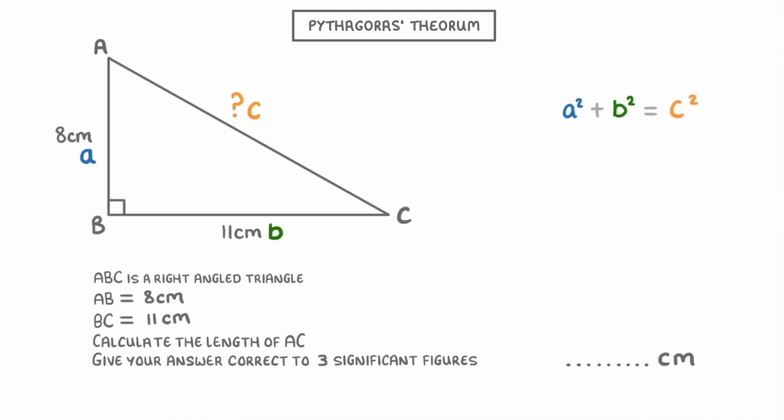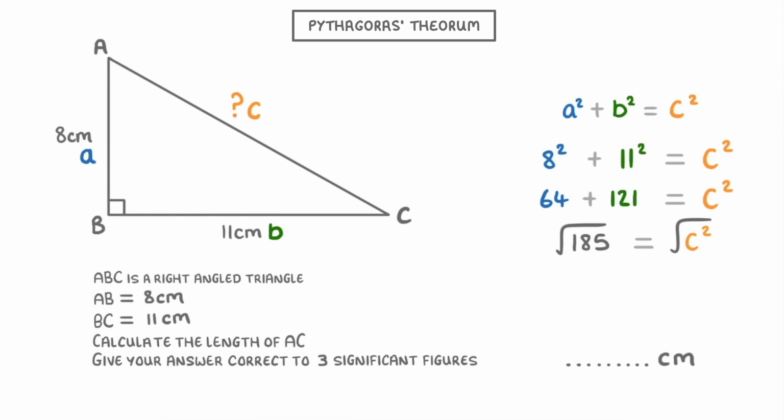A squared plus B squared equals C squared. So that would mean that 8 squared plus 11 squared equals C squared, which simplifies to 64 plus 121 equals C squared, or 185 equals C squared. And if we square root both sides, that gives us 13.6 equals C, and so we can write our answer as 13.6 centimeters.